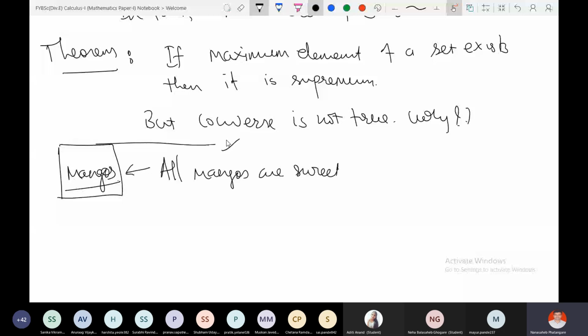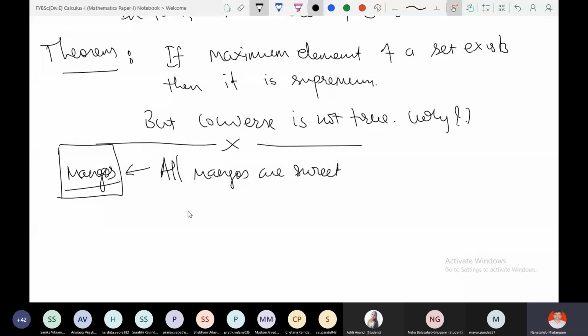Suppose this statement is false. I am making a statement that all mangoes in this box are sweet, and somebody says that statement is false. How will you prove that my statement is false?